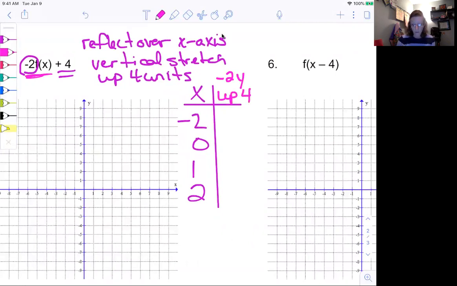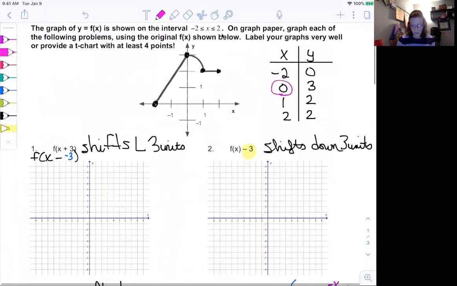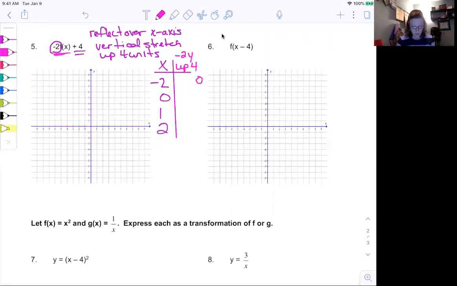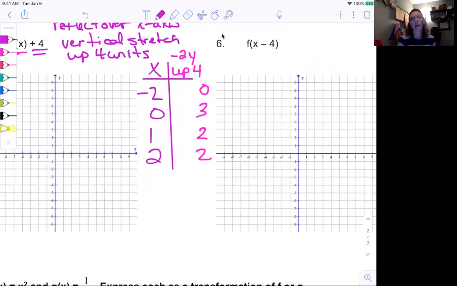So if you take your original y values, I'm going to write them next to it here. So we had 0, 3, and then 2, 2. Those are the original y's. So I'm going to multiply it by -2, and then I'm going to add 4. So multiplying 0 by -2, adding 4.